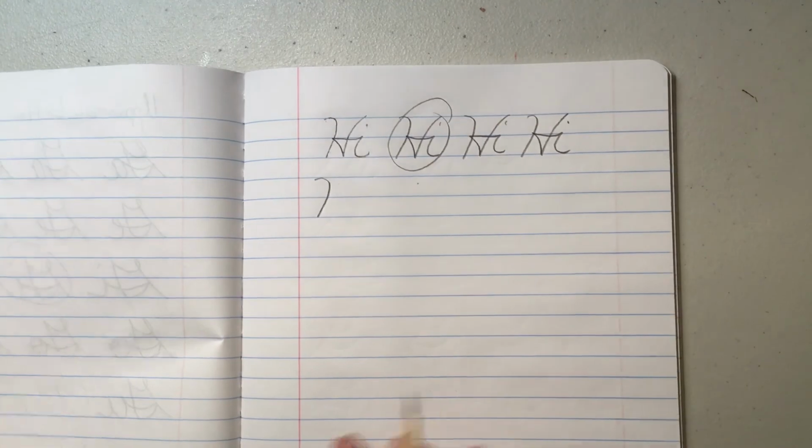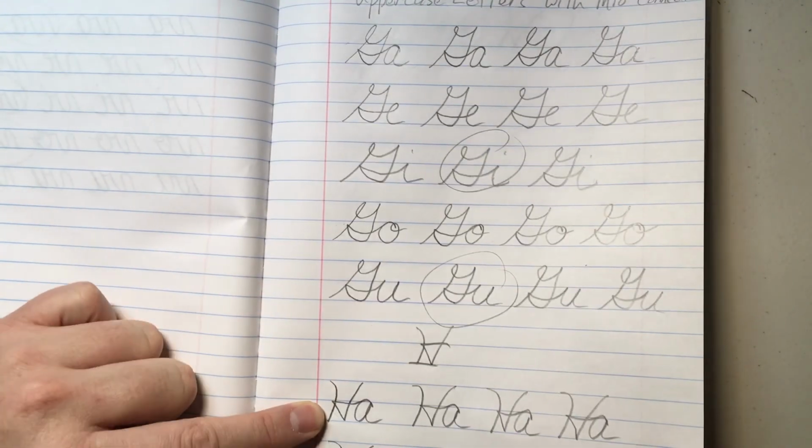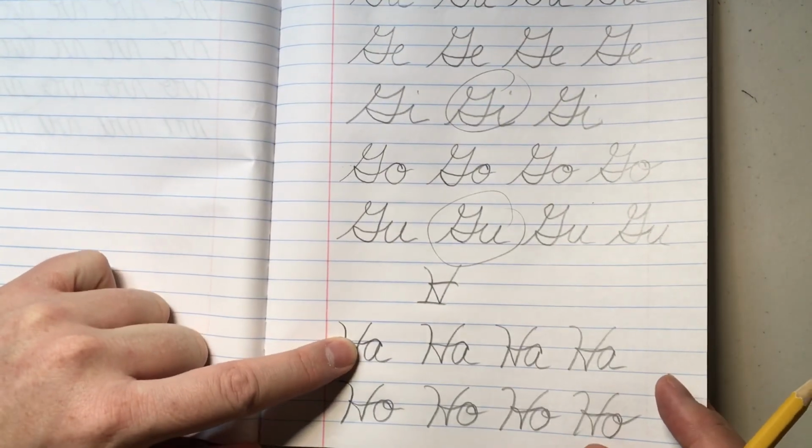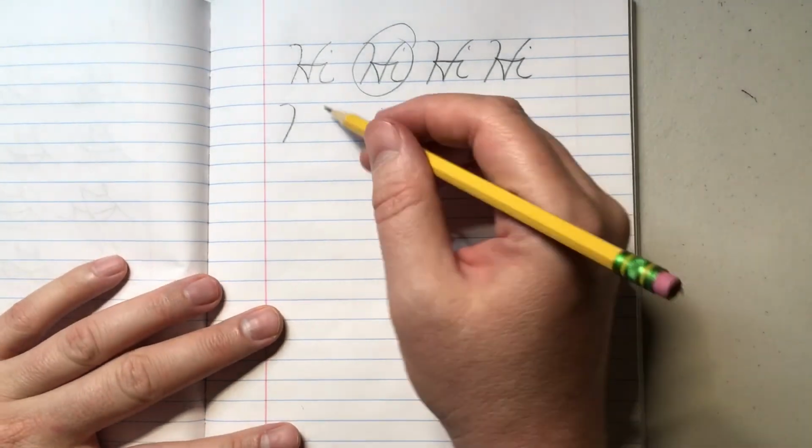Oh, we've done that one. Let's see. I'm not even following the alphabet here. I'm getting distracted. So A, O, I, E, and U.